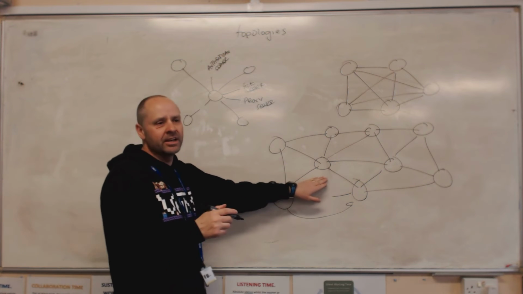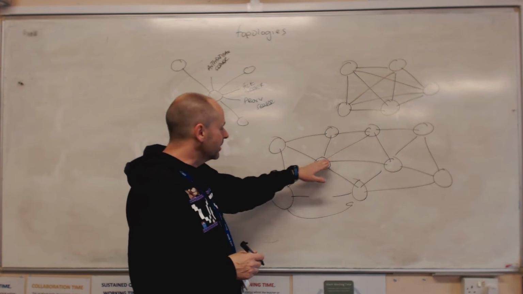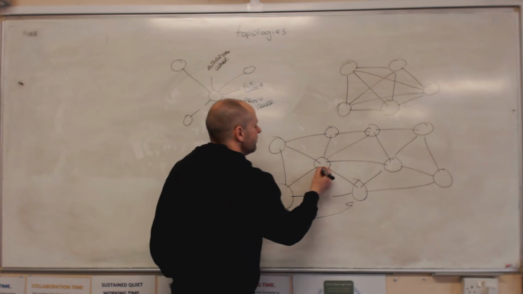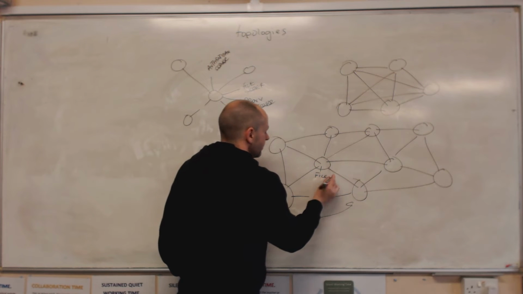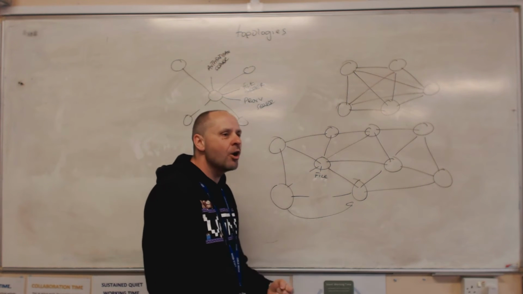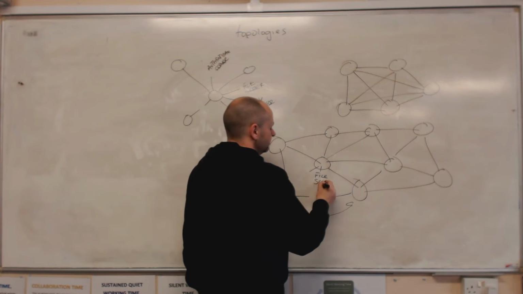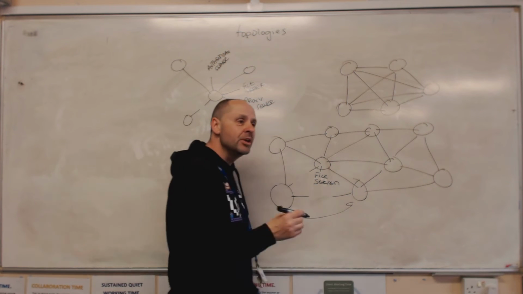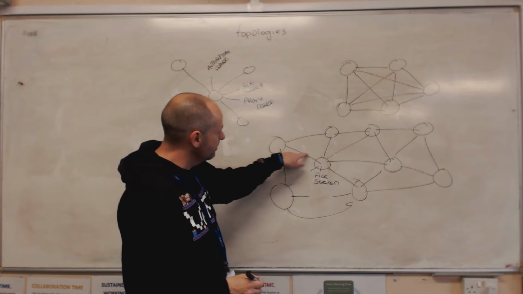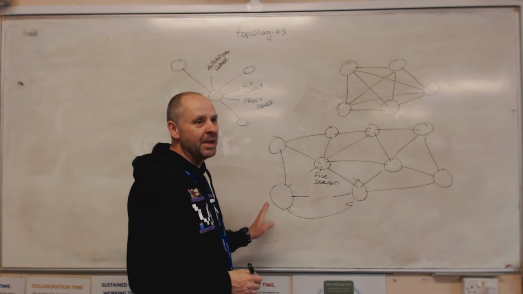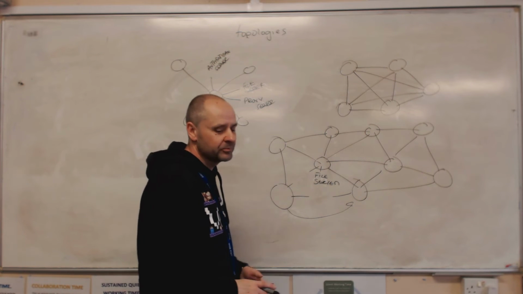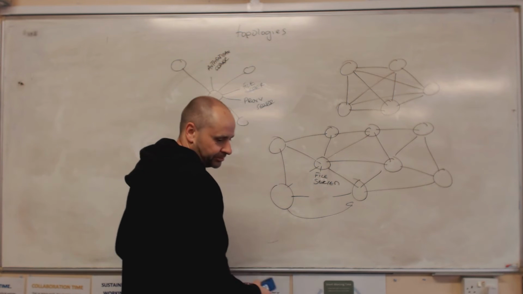You can still dedicate something as the server, but you give multiple routes to that. So this might be the file server. So I lose my connection, and you go, oh no, I've lost my connection to the file server. But I can still communicate with it by going round that way. A bit longer, but I can still communicate to it. That's how the internet is set up.